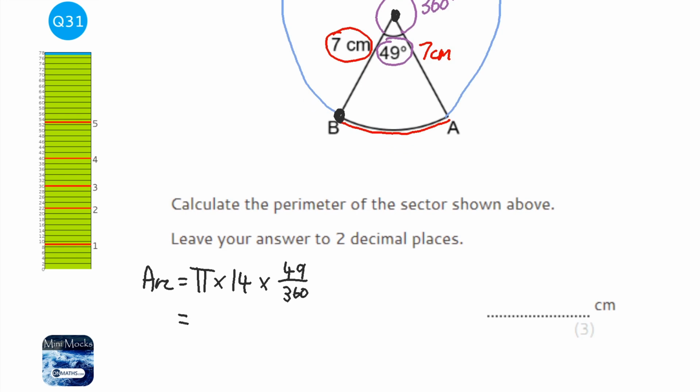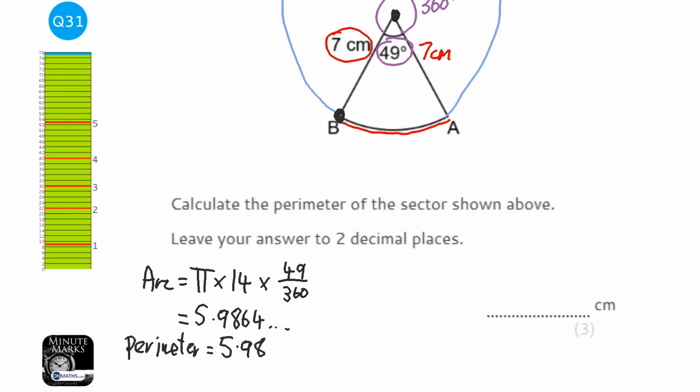So I'm going to type that into my calculator, pi times 14 times, and I'm going to press the fraction button, 49 over 360. And it gives me the answer of 5.9864 blah blah blah blah. I'm going to keep that in my calculator because I haven't answered the question yet, because as I said at the start, to get the perimeter I need to add that 5.9864 blah blah blah to the 7 and the other 7, and that will give me the full perimeter.